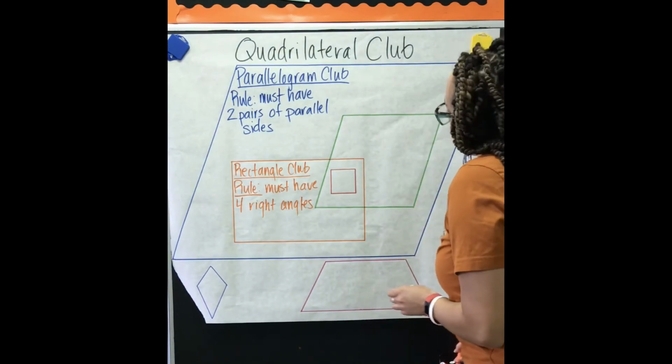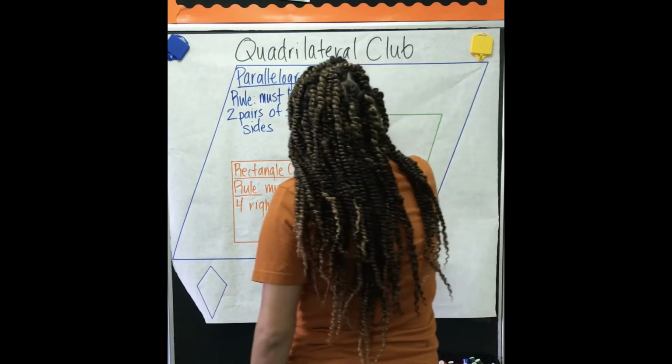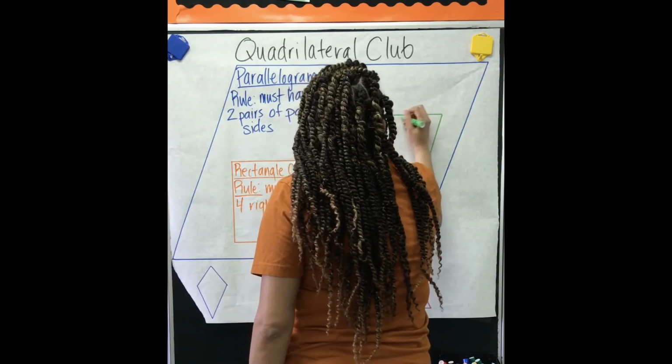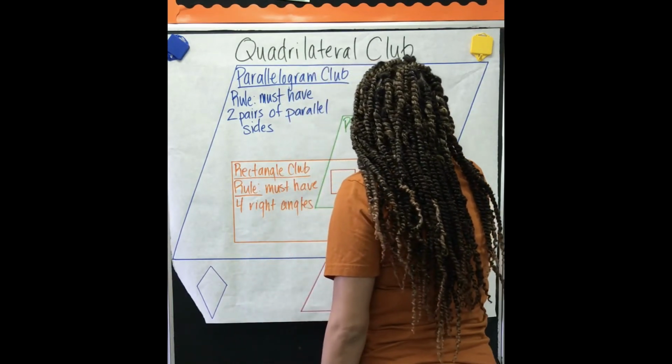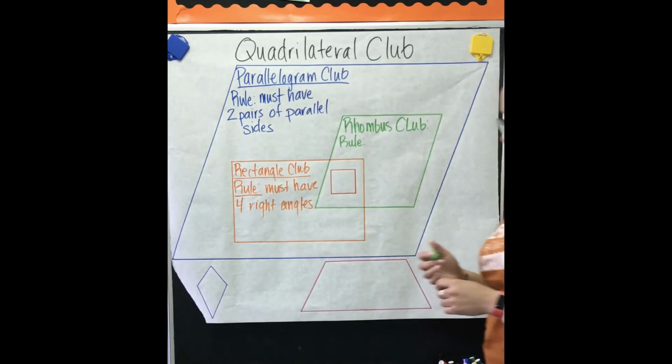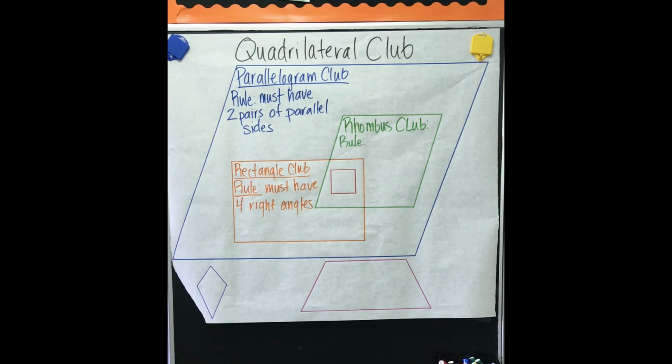The next club we're going to talk about is the Rhombus Club. I want you to look at this shape and think about what you know about rhombuses and what you think the rule might be.